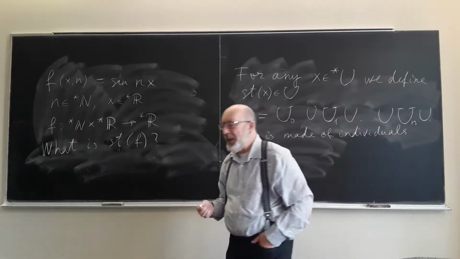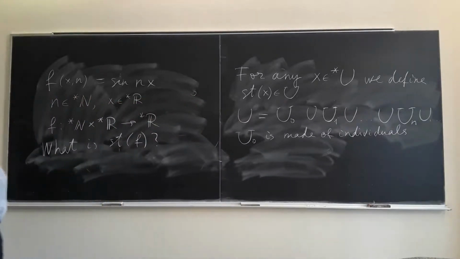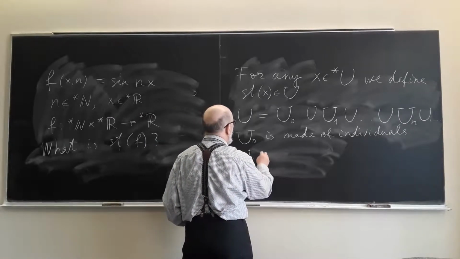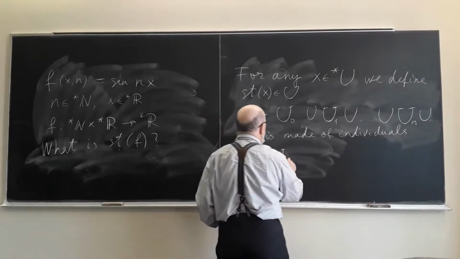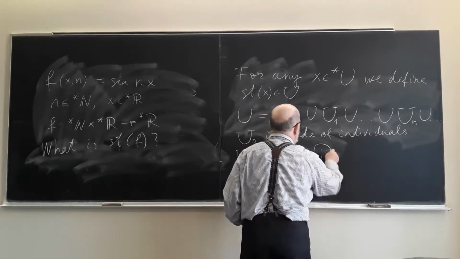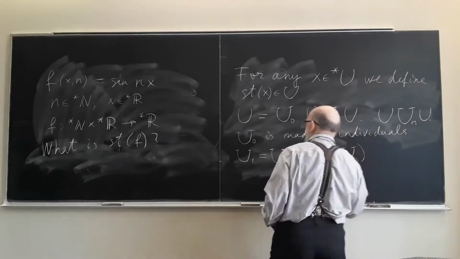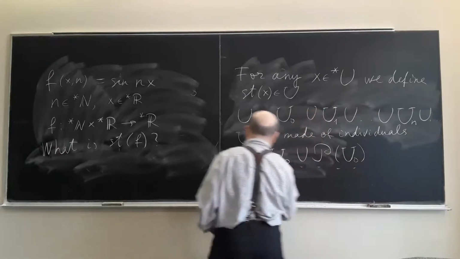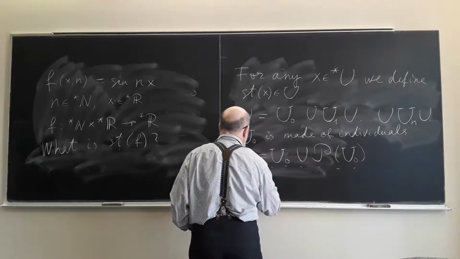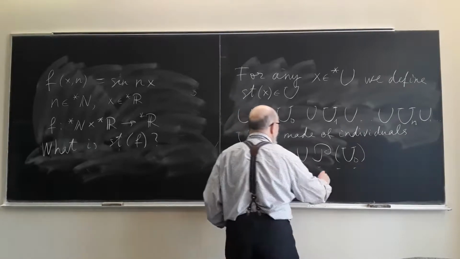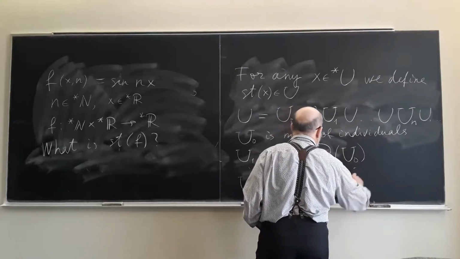For an individual, it makes no sense, or the same, it is always wrong that something is an element of this individual. U1 equals U0 union subsets of U0. U n plus 1 equals UN union the set of subsets of UN.